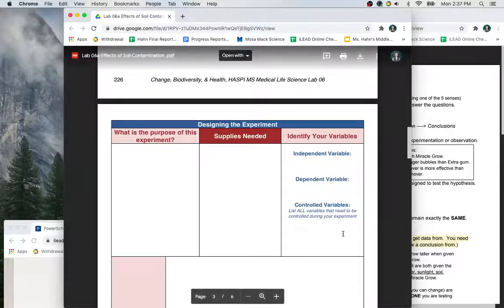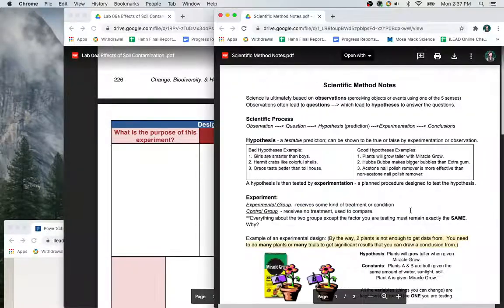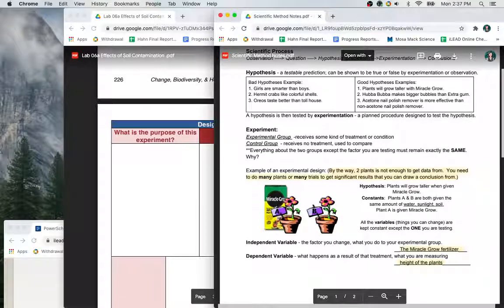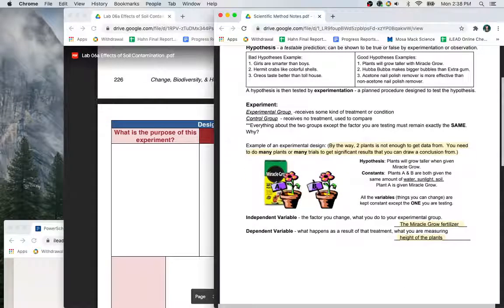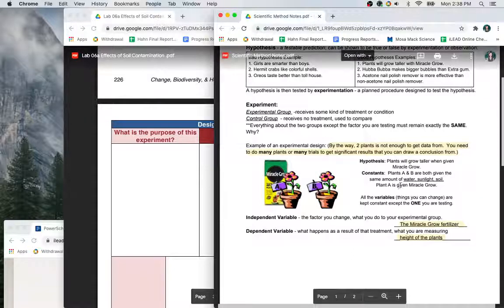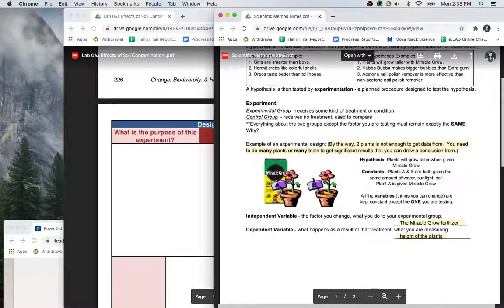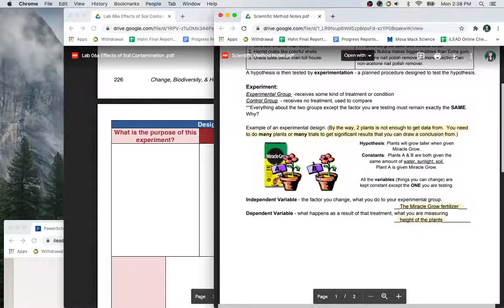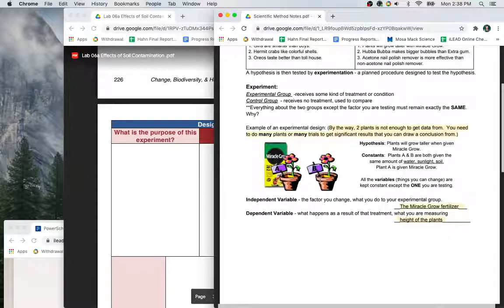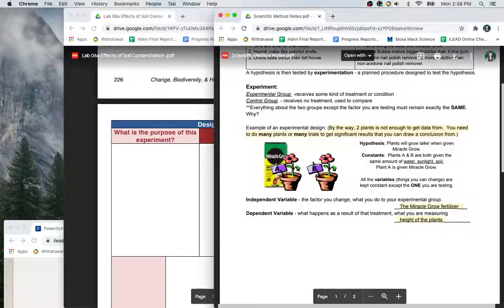In other words, what did you keep the same between your two groups? So even though this one got Miracle-Gro and this one didn't, everything else should be the same. They should have the same amount of water, sunlight, soil, space, anything else that you can, same number of seeds. So that all should be constant. There should really just be one thing different, and that is the independent variable.